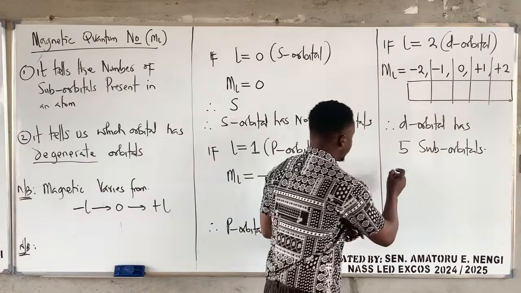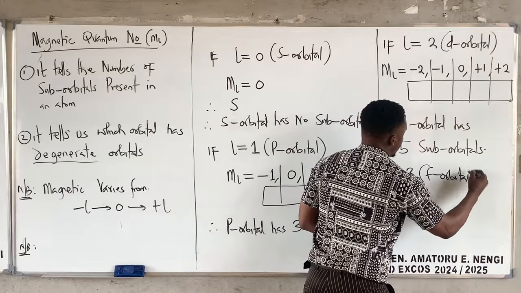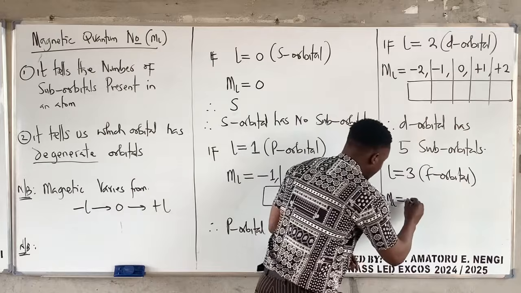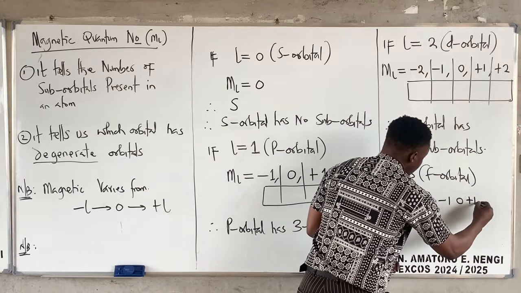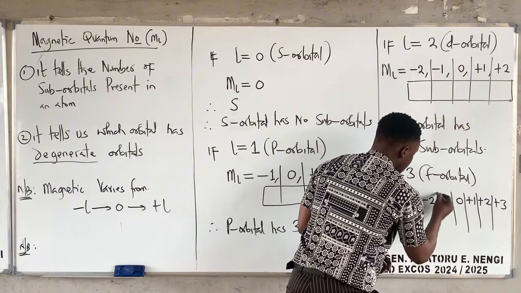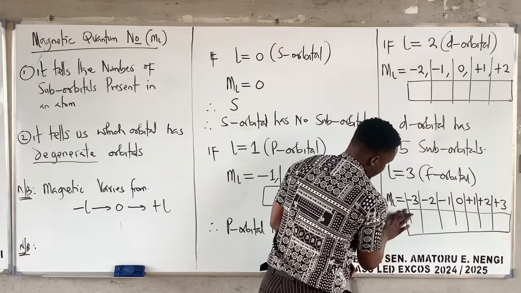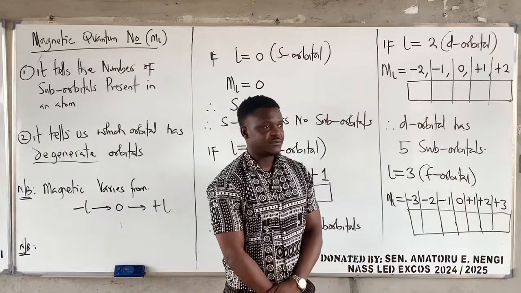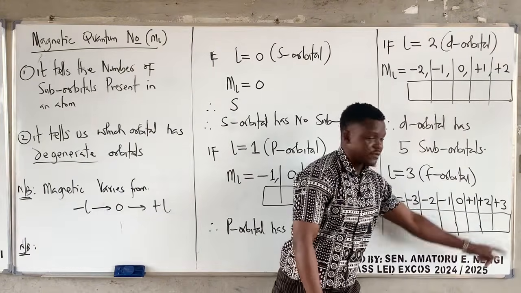What of F? If L equals 3, ML will start from the negative of this. So we have minus 3, and so on. How many boxes can you count? 7. 1, 2, 3, 4, 5, 6, 7.